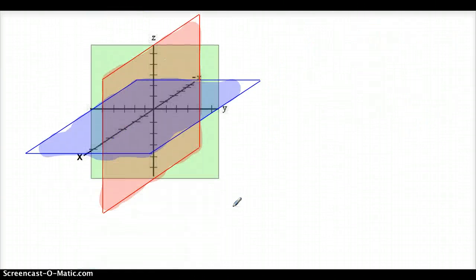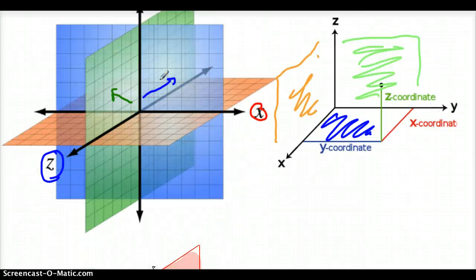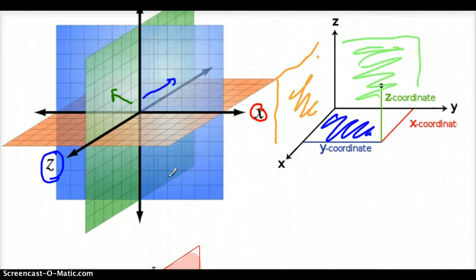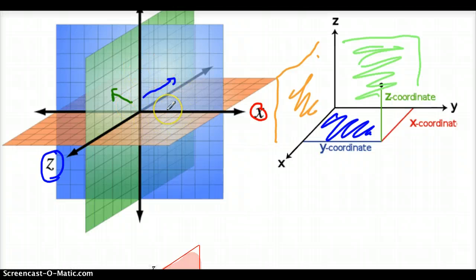And this is how we name them. The first octant is the only one we're going to deal with. This first octant is the one where all the values are positive in this little space right here.